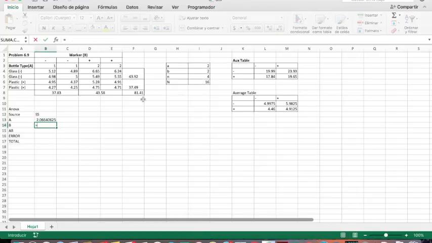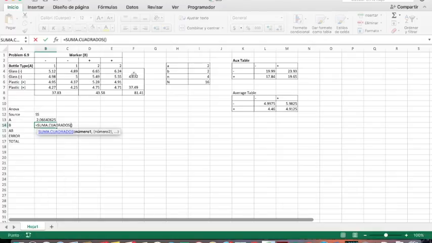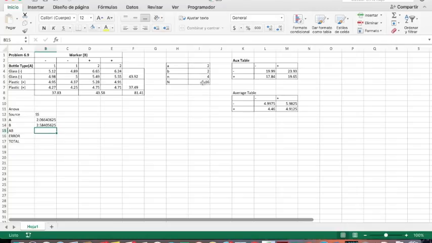For B, we do the same. Sum of squares, now we grab this one and this one squared, between, since we're using factor B, is A times N, minus the total squared, between the number of data, that is 16, gives us 2.58.